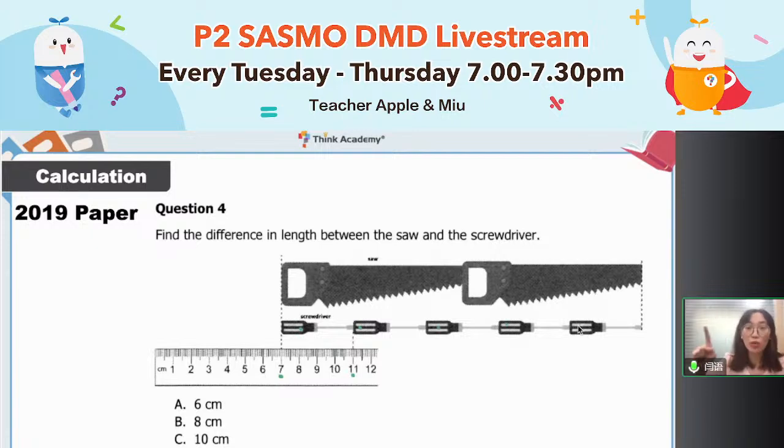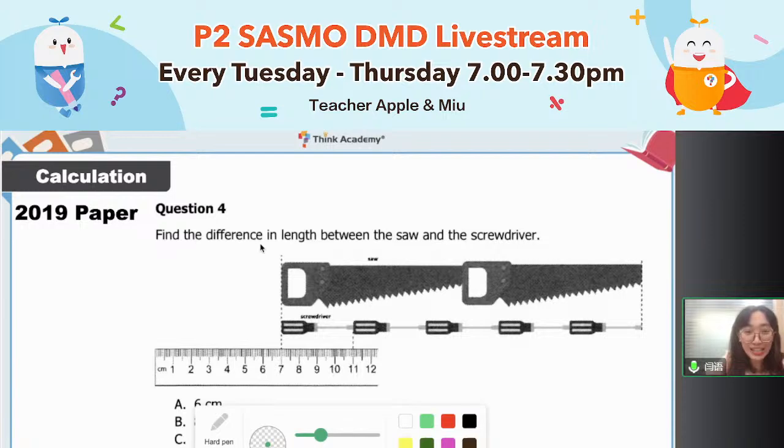So what is the total length? The total length is equal to 2 saws. So what about 1 saw? Try to figure out by yourself. Okay, quickly. D. Be careful. Is it D? Everyone read the question carefully. Find the difference. What is the difference? That is the gap. What is the difference?